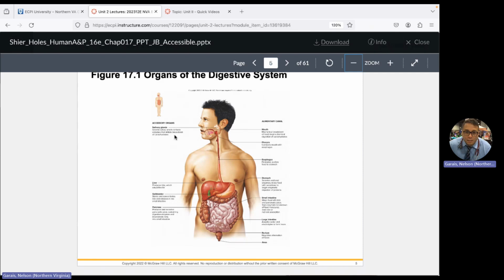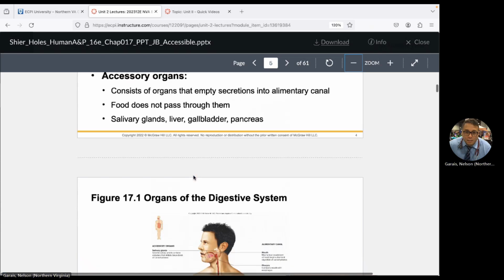We also have 4 accessory organs: your salivary glands, liver, gallbladder, and pancreas. Food does not pass through them, but they aid in the chemical digestion of food.